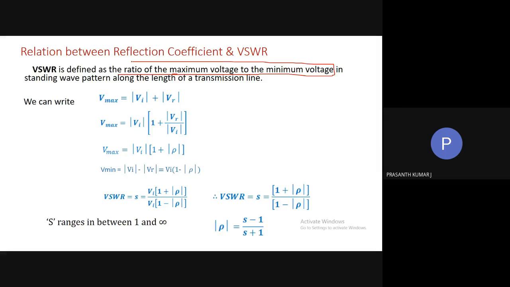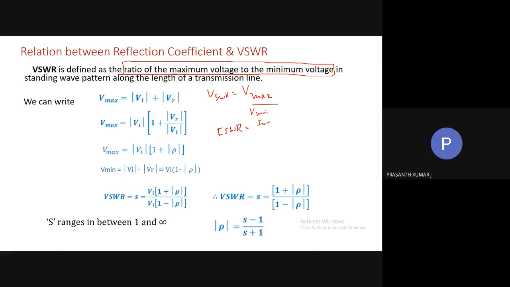This is the definition. If you remember this line, it is sufficient. VSWR is equal to Vmax by Vminimum. Similarly, ISWR is also there, right? ISWR means current standing wave ratio.